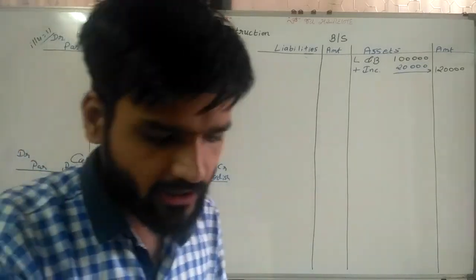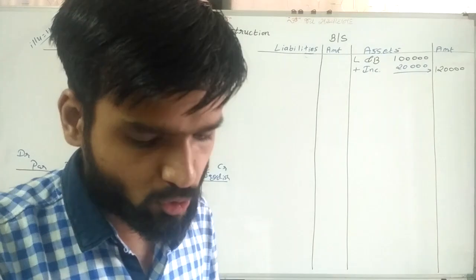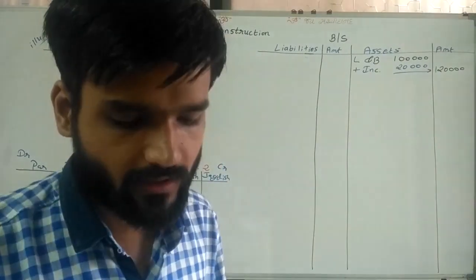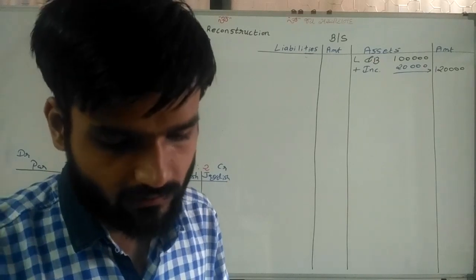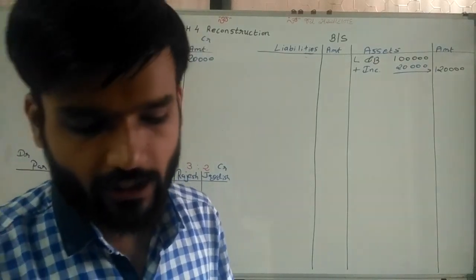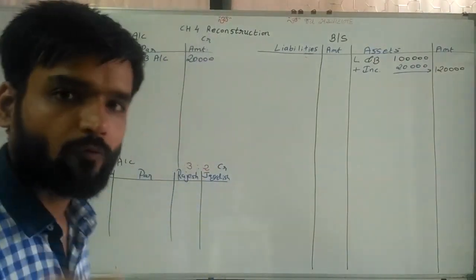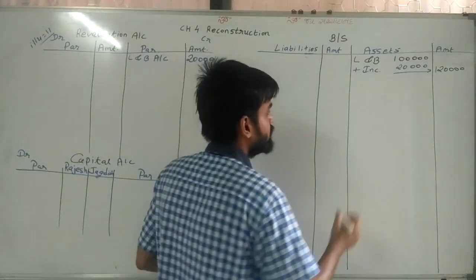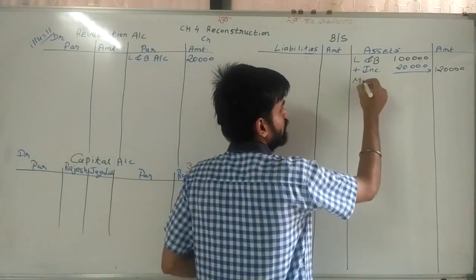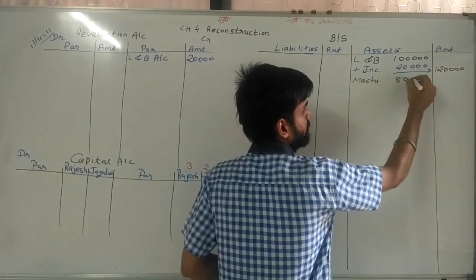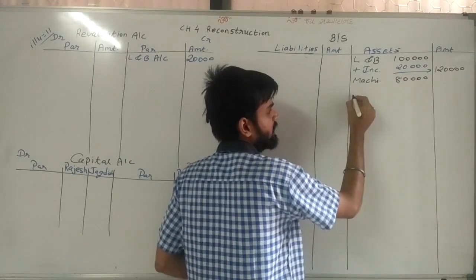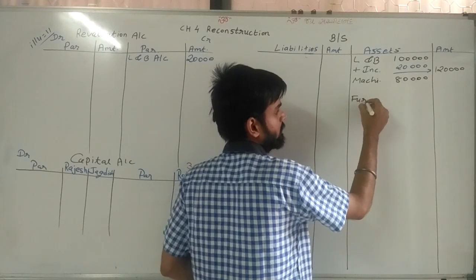Now the second adjustment. The value of machinery and furniture is to be decreased by 20%. Now machinery and furniture given in the question are 80,000 and 20,000 respectively. So first of all I am writing the values of machinery and furniture. Machinery given 80,000, furniture given 20,000.